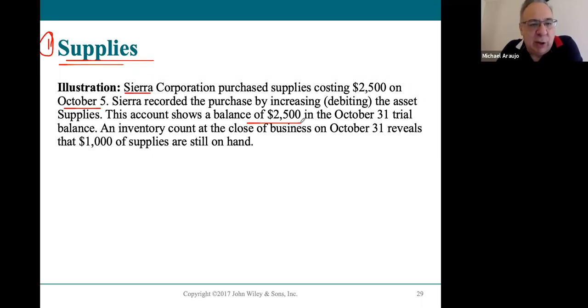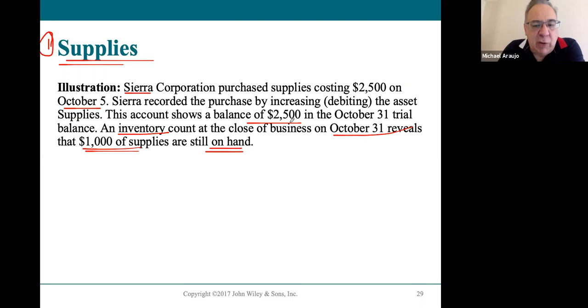So at the beginning of October, they had $2,500 of supplies. However, at the end of the month, which was October 31st, they only had $1,000 of supplies left.